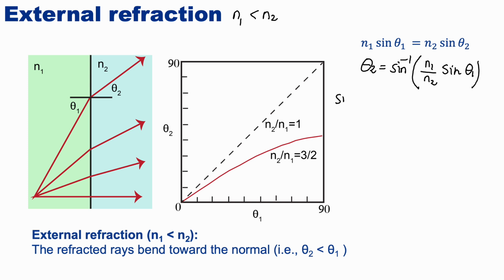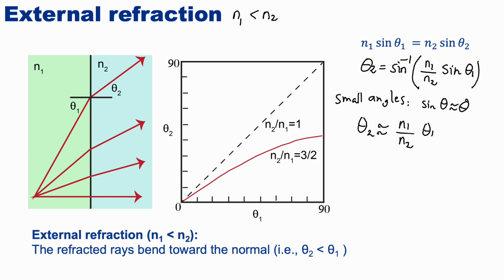We can also make the approximation that the angles are small, so that the sine of the angle can be approximated to the value of the angle. So theta 2 is approximated to the ratio n1 over n2 times theta 1.